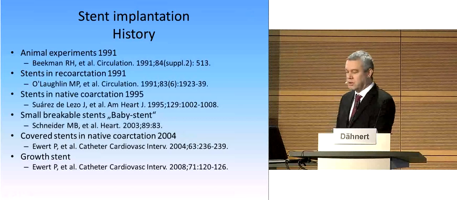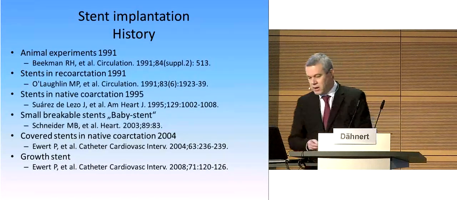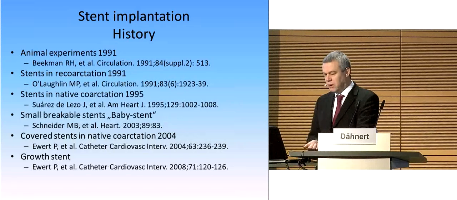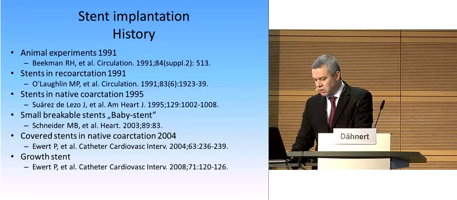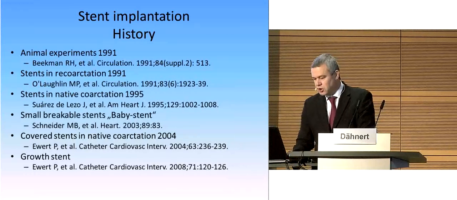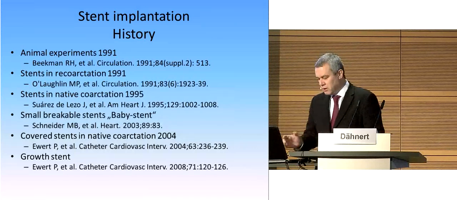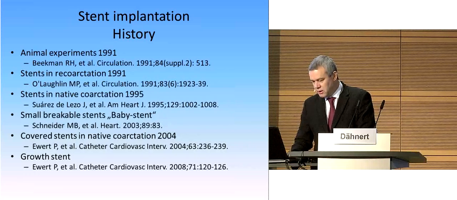Stent implantation also has a history. Animal experiments were started in 1991. Then the stents were put in coarctation in the same year. And another very important thing is that starting with Martin Schneider, who reported this in 2003, and later Peter Ewert, small stents for little children were developed, which can give way to larger diameters during the growth of the child.